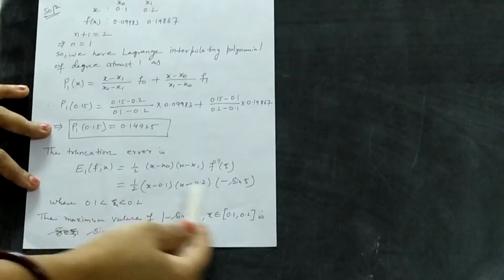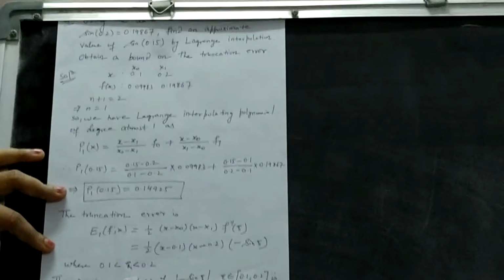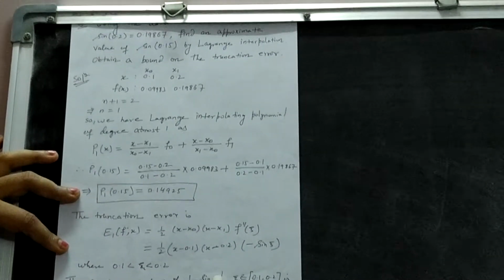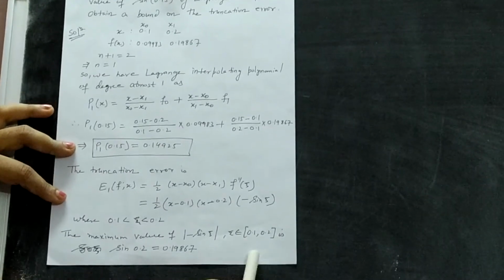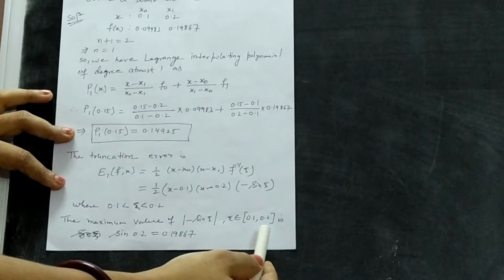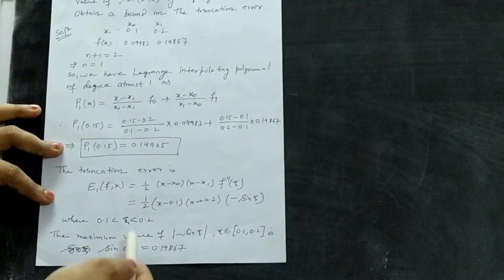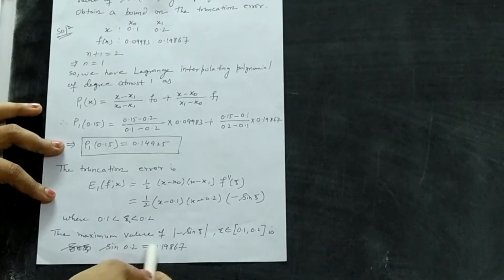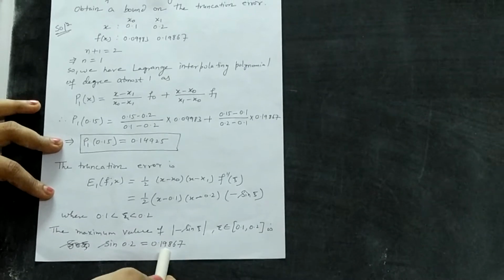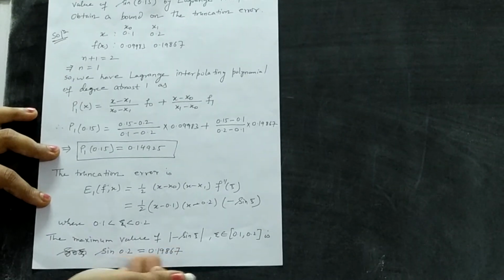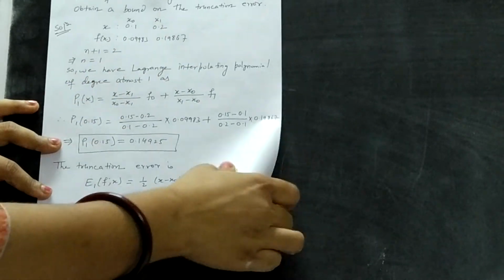So we need to find out the maximum value of this. The maximum value of the mod of minus sine ξ for ξ lying in this interval will be sine 0.2, because at this point it will have the maximum value. This can be computed from the calculator, or sine 0.2 is given to us also, that we can use.